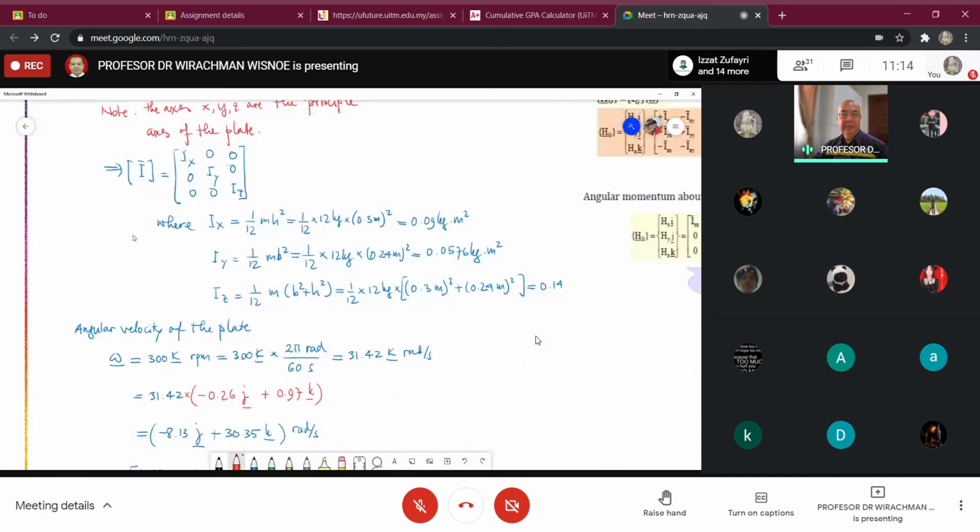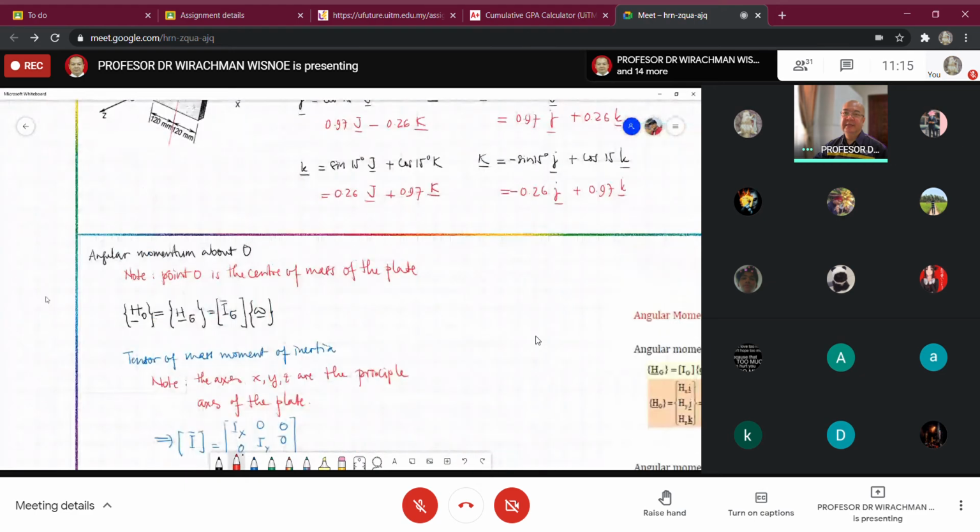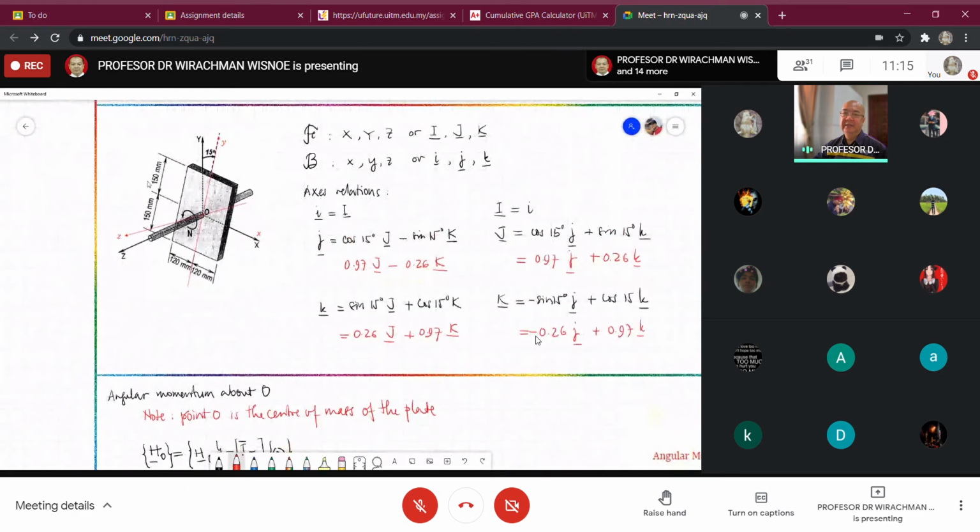So we know the formula in 2D that we had previously, right? The Ix is 1/12 of m times the height square, with respect to the x-axis. So I return back here. If this is the x-axis, the height will be this one. If this is the y-axis, the height will be this one.